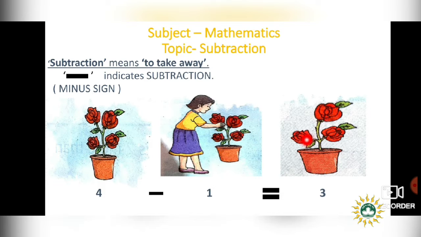So children, if we subtract 1 or take away 1 from 4, we get 3. Children, this is the minus sign which indicates subtraction. So again, in the given scenario, we can say that if we subtract or take away 1 rose from these 4 roses, we get 3 roses.